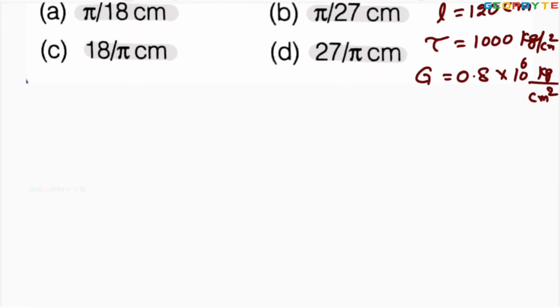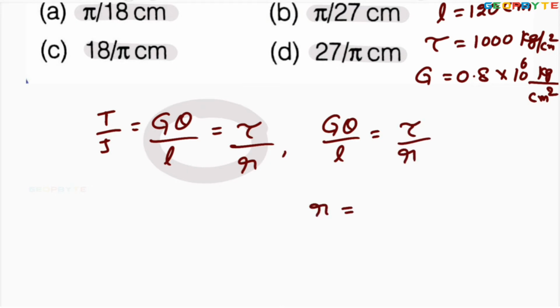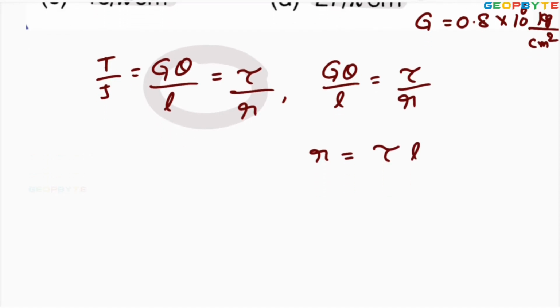You know, the torsion equation is T by J equals G theta by L equals tau by R. From this, take the part G theta by L equals tau by R. Therefore, the radius of the shaft equals shear stress multiplied by length divided by G into theta.